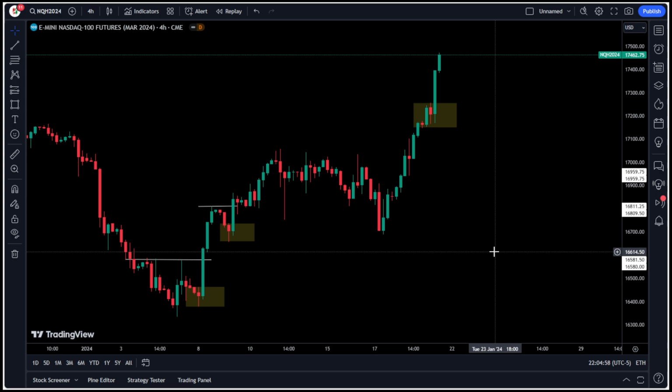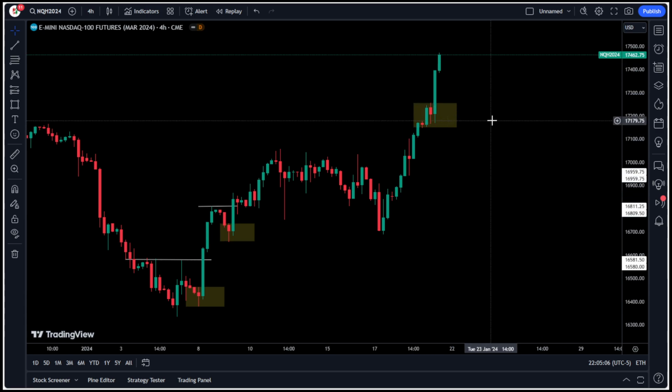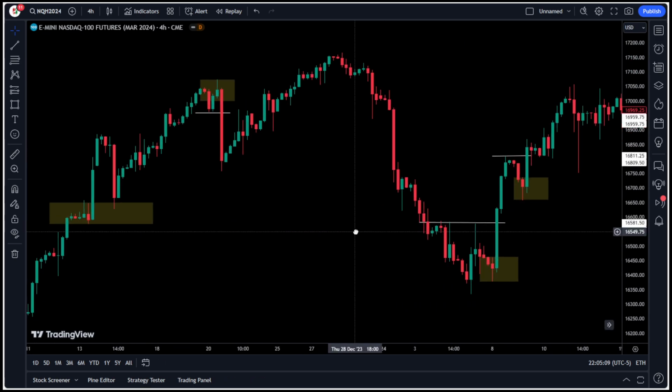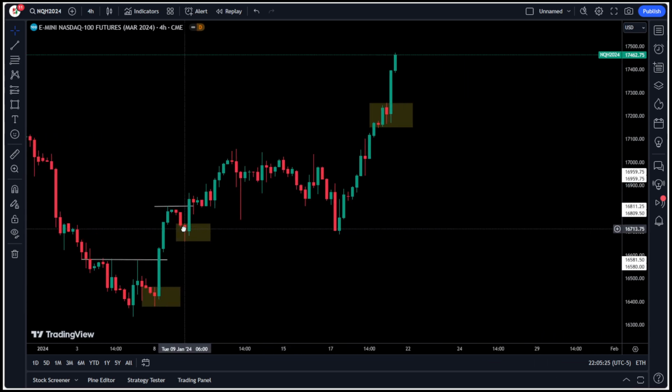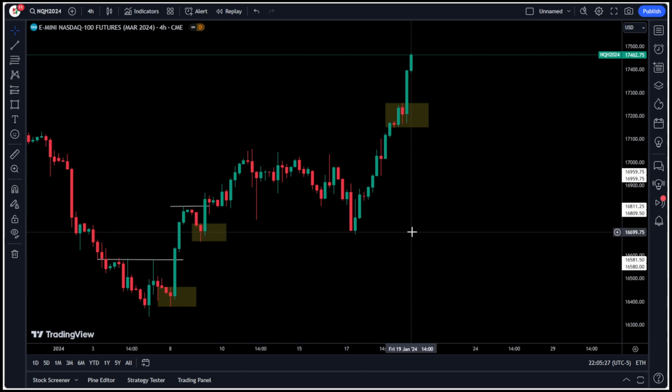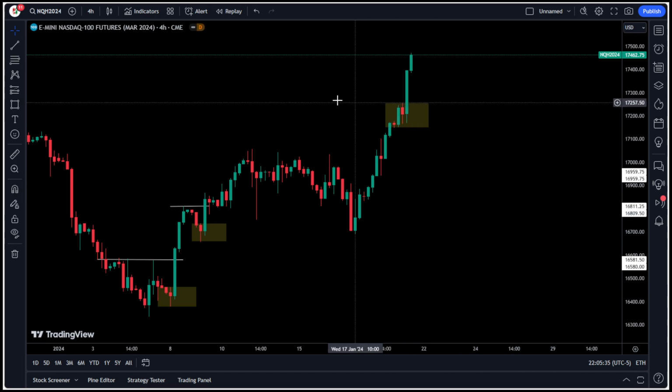We studied that the last bearish candle before an impulse move to the upside is a bullish order block, and a last bullish candle before an impulse move to the downside would be a bearish order block. And there were the three conditions which were equally important for these two types of order blocks. Price should break out the structure. Yeah, definitely it's breaking out the structure.